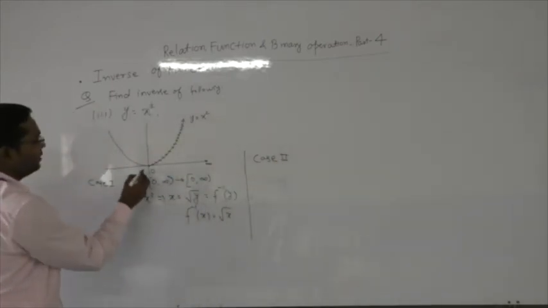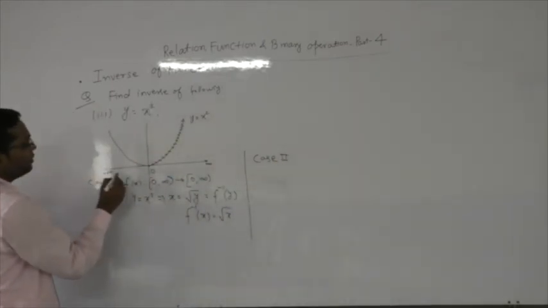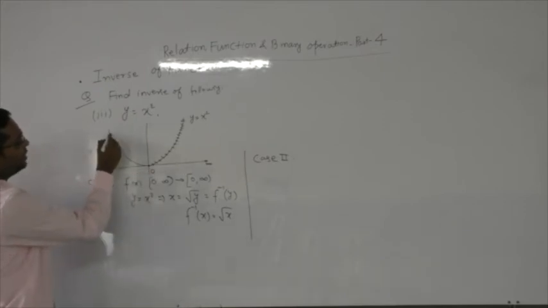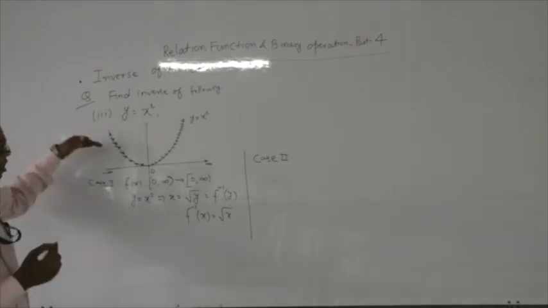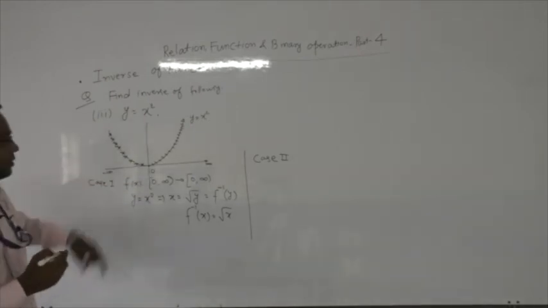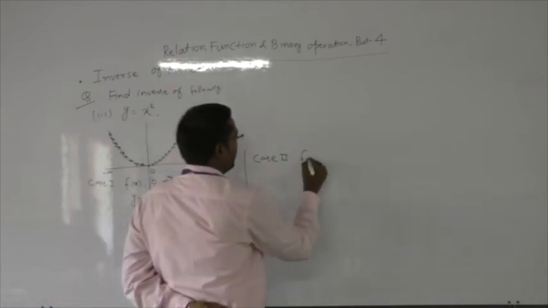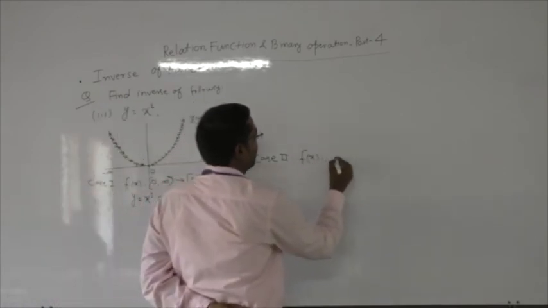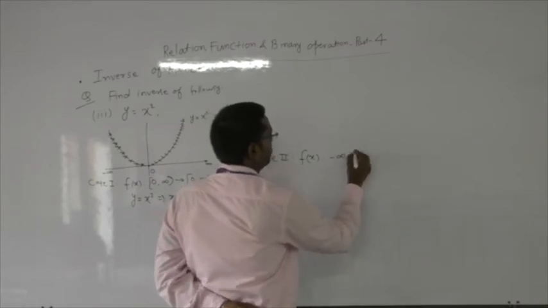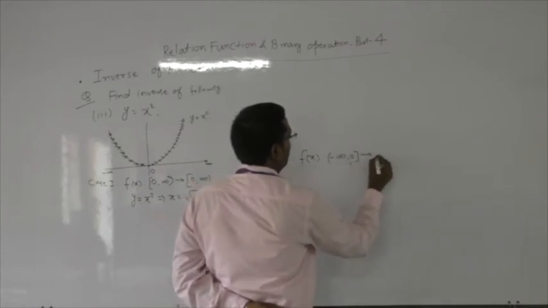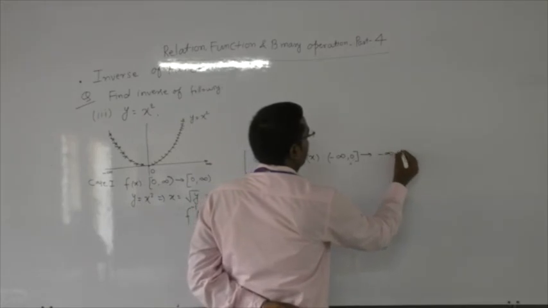If we see this part also, when we are going from 0 to minus infinity, that is also a one-one onto function. So the second case we can also take, f(x) is a function defined from minus infinity to 0, to minus infinity to 0.